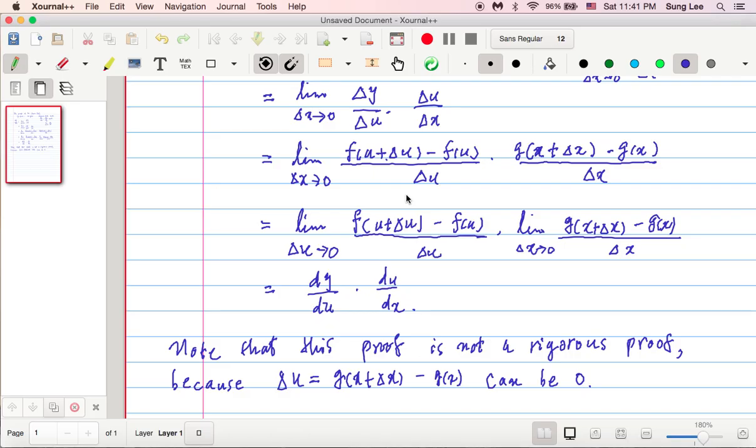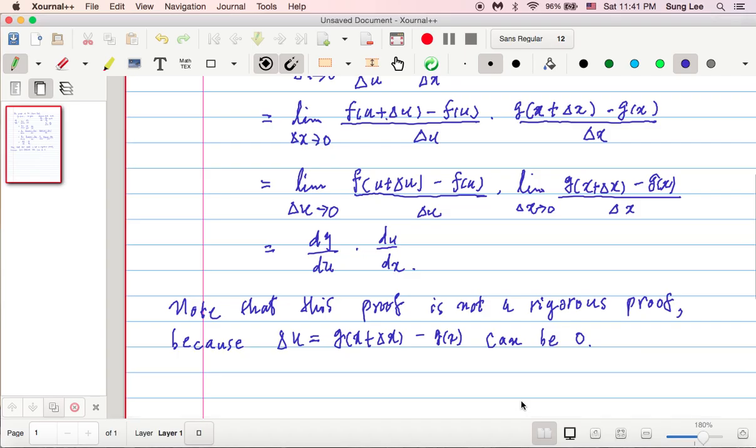It can be problematic if this could be zero. So this proof makes sense by assuming that delta u is not zero. But there's no guarantee that delta u is never equal to zero. In general, it could be zero.